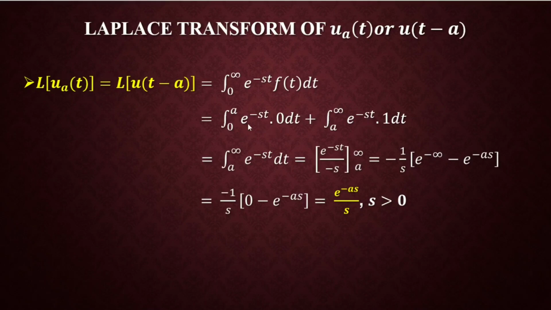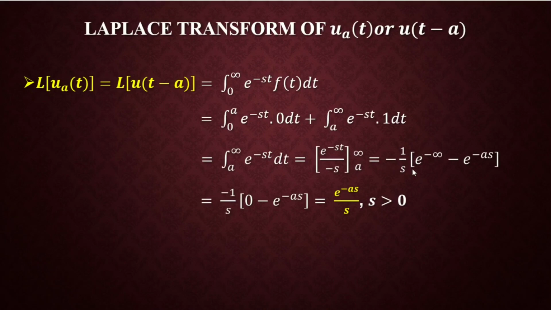Now this becomes 0. Now we have only this left. Therefore, integral a to infinity of e raised to minus st dt. The integral of e raised to minus st is e raised to minus st by minus s within the limits a to infinity, which is equal to, now we'll take this minus 1 by s outside.